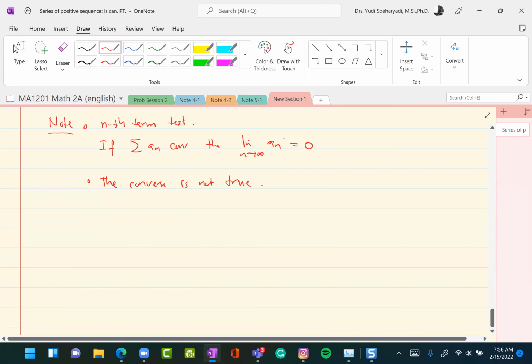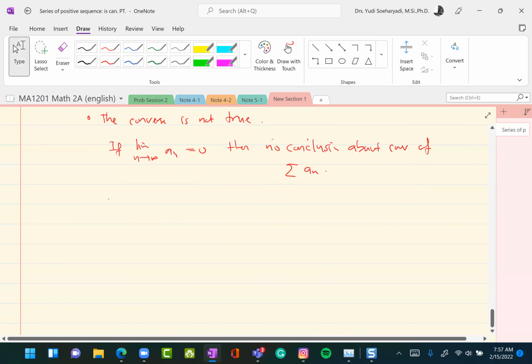That means if this limit is 0, then there is no conclusion on the convergence of the series.